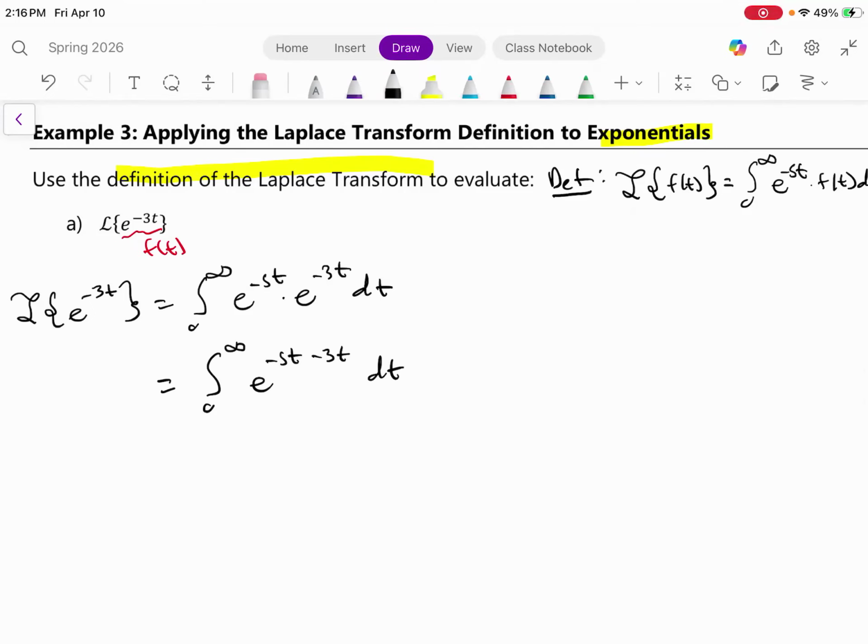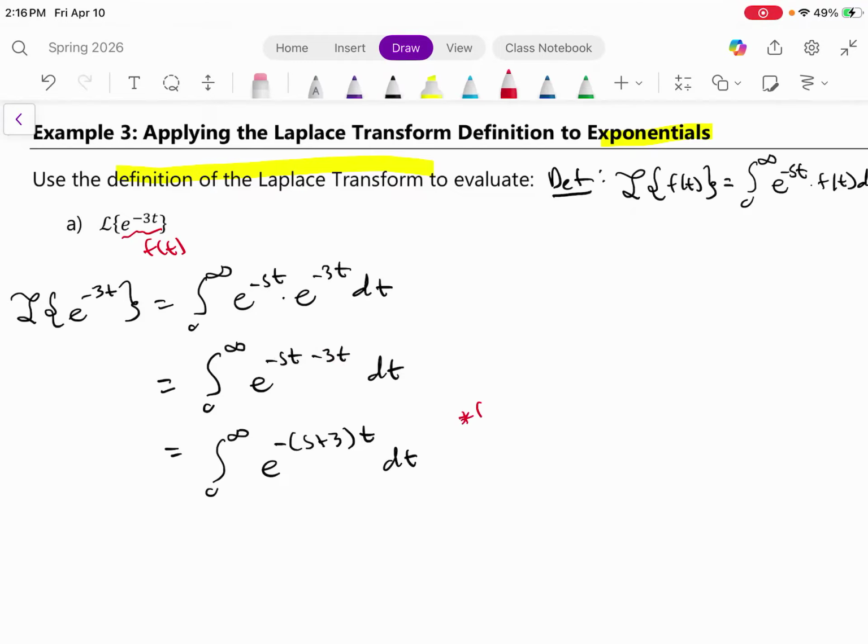We want to clean it up a bit, and what we want to do is factor out a couple of things. We want to factor out the negative, and we want to factor out the t. We'll see why in a second, but we're going to factor it out like this. So this will be e to the negative s plus 3 times t.